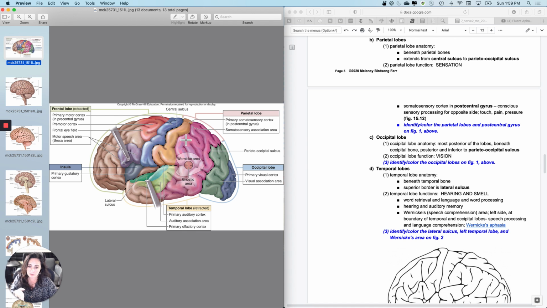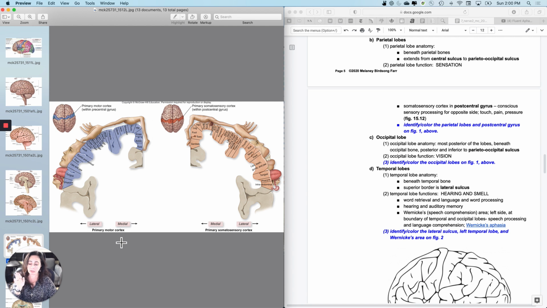So the somatosensory cortex is in the postcentral gyrus. It's conscious sensory processing for touch from the opposite side: touch, pain, pressure. So picture that we looked at before, this was the precentral gyrus with the primary motor cortex that controlled motor activity for the opposite side of my body.